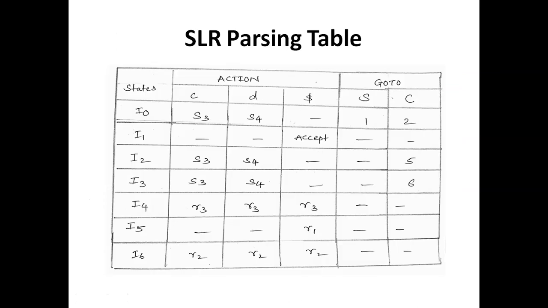So for I4, with respect to capital C's follow of small c, small d and dollar, we have these three entries, each written as reduce by third rule. The same way we have to do for any other state wherever the dot is at the end.